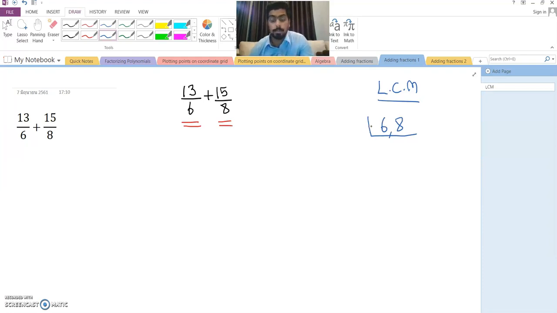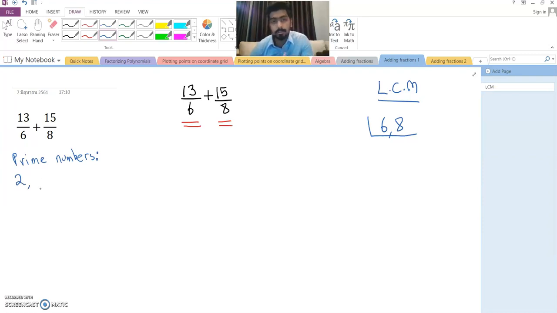Alright guys, prime numbers are numbers that have exactly two factors, which are 1 and the number itself. So quickly let us go through the first 5 prime numbers. The first prime number is 2, since 2 has 1 and 2 as its factors.